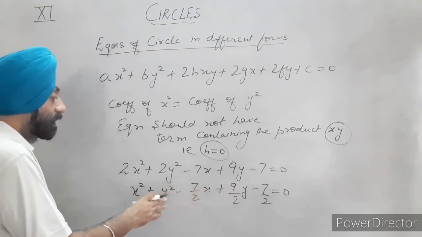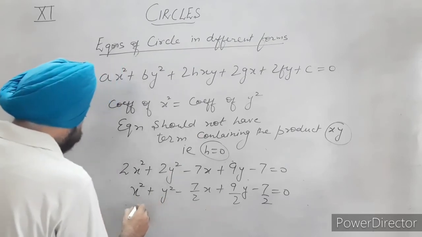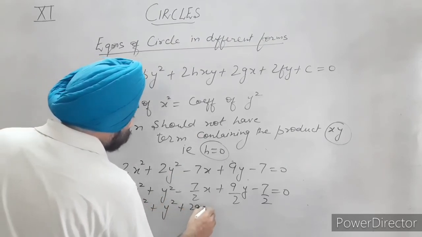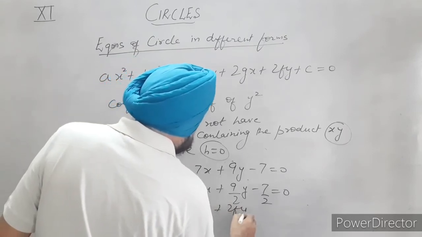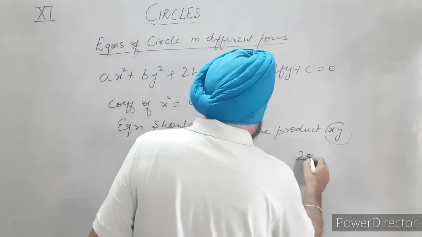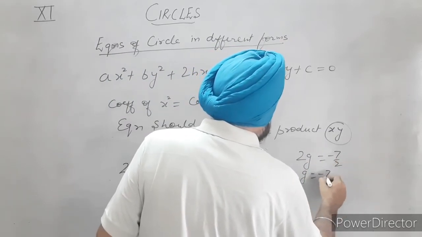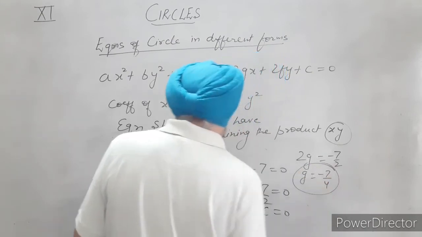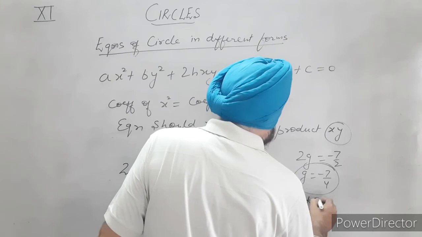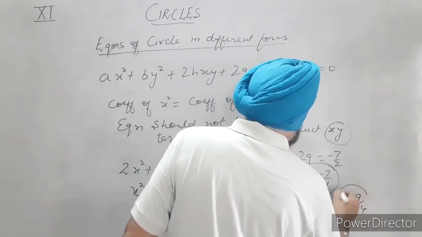Now I shall proceed by calculating g and f. If I compare this with the standard form, x square plus y square plus 2gx plus 2fy plus c equals to 0, I have 2g equals to minus 7 by 2, g is equal to minus 7 by 4. 2f is 9 by 2, f is 9 by 4.